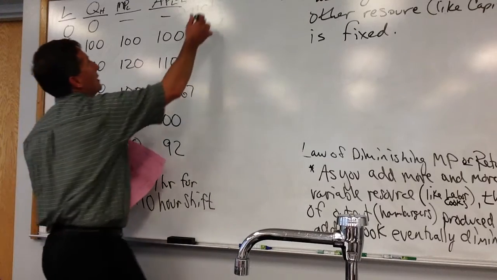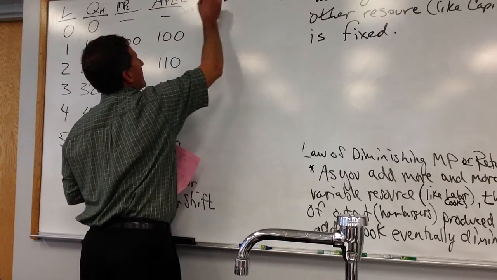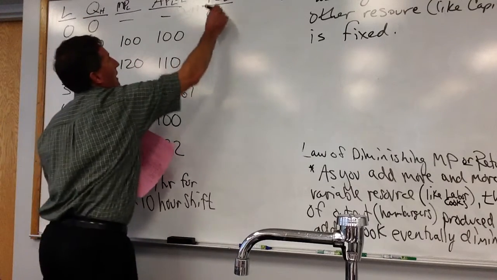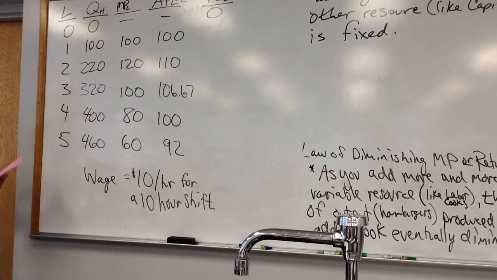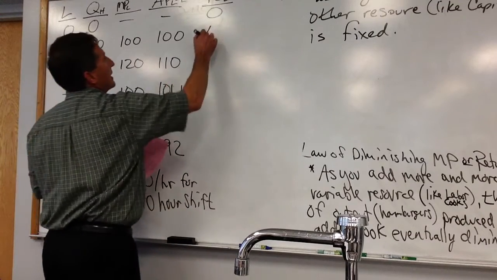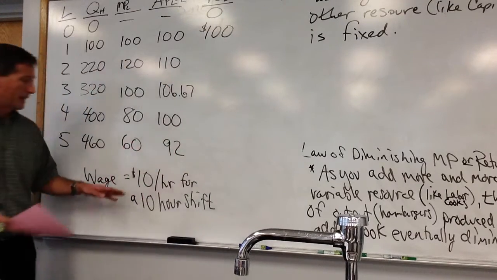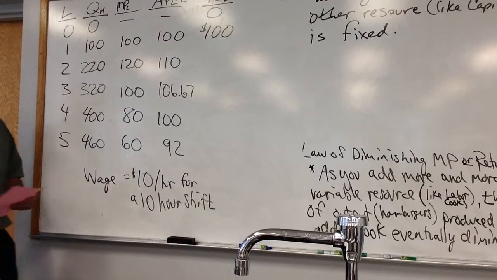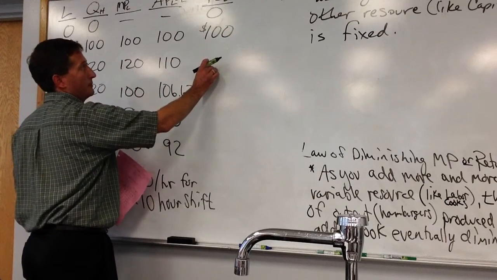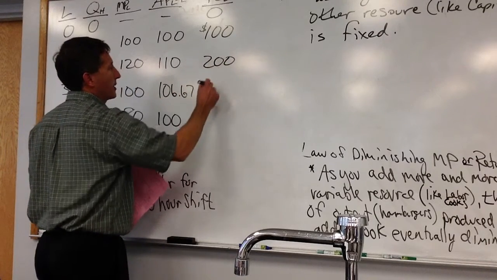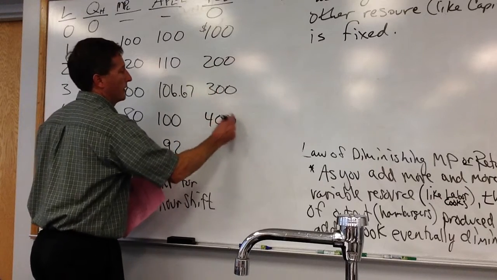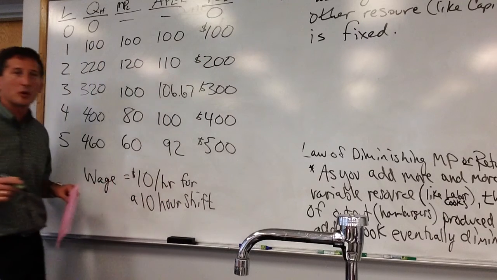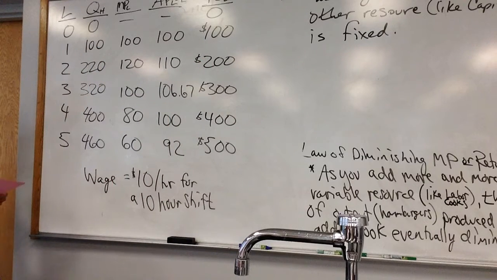And so the next column we're going to look at is the total cost of labor. If I hire 0 people, I don't have any cost of labor. 1 person runs me $100 now. Again, $10 an hour, a 10-hour shift, $100. 2 people are going to run me 200, 3 people 300, 4 people 400, 5 people $500. So what we're thinking about here is our labor bill, the total cost of labor.